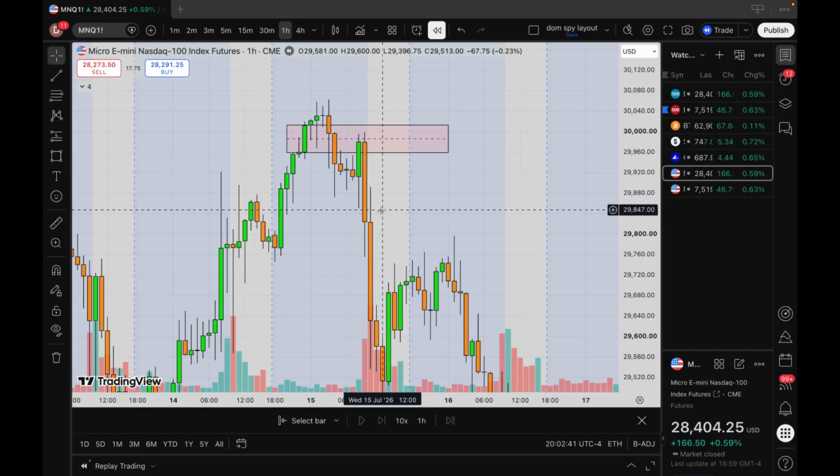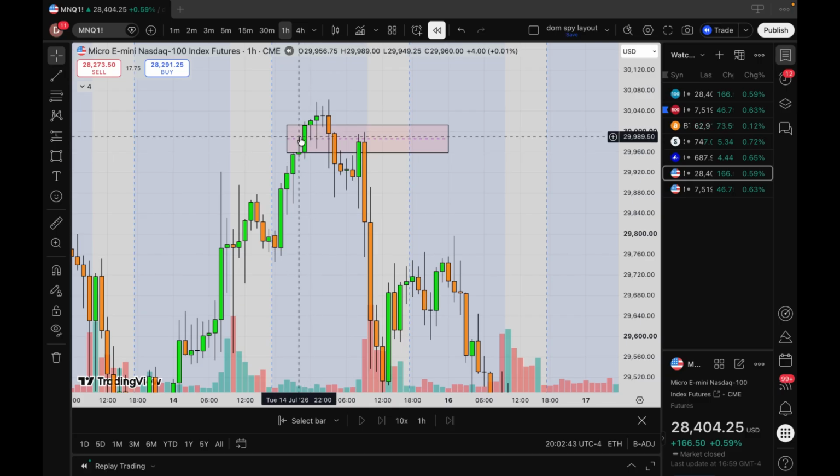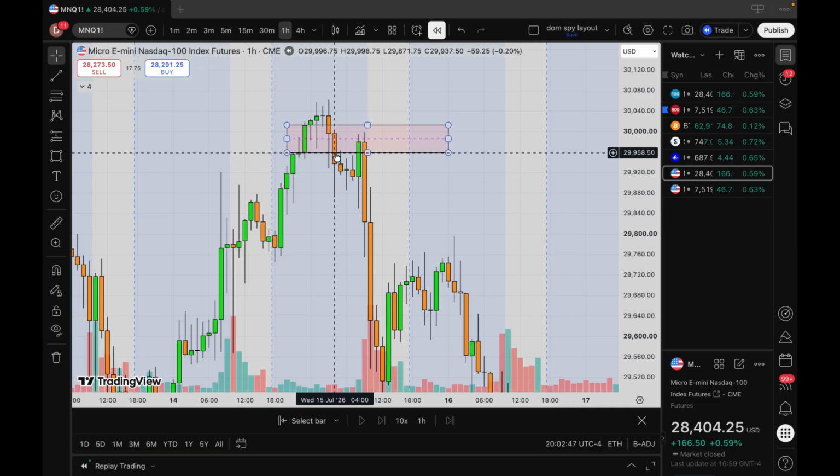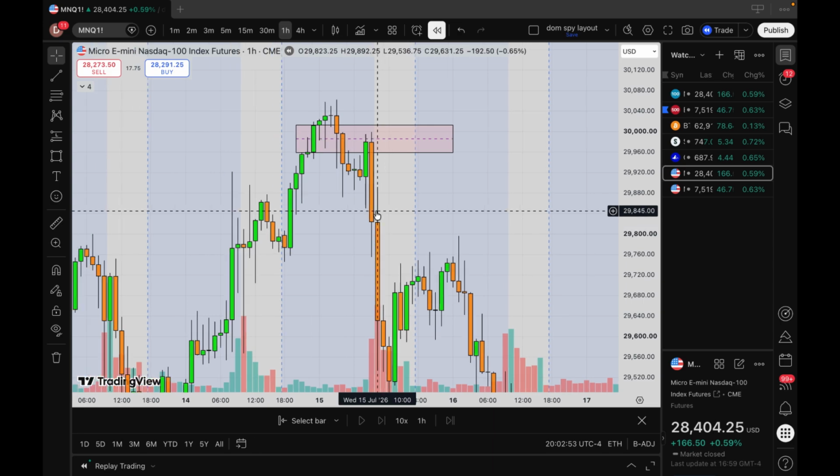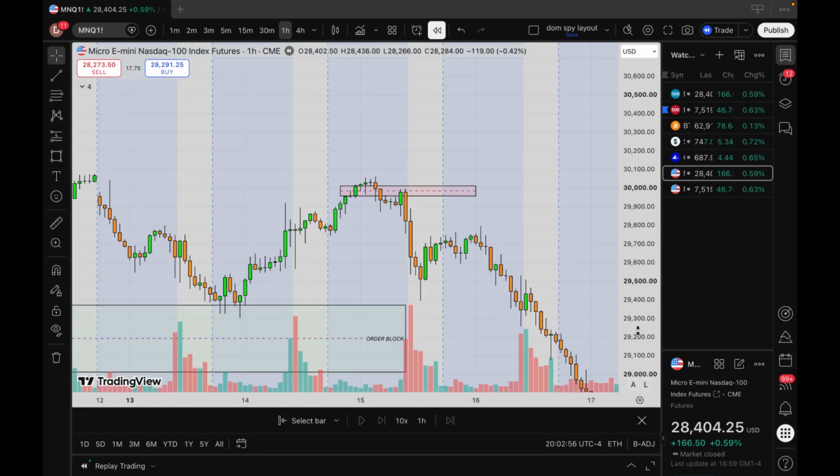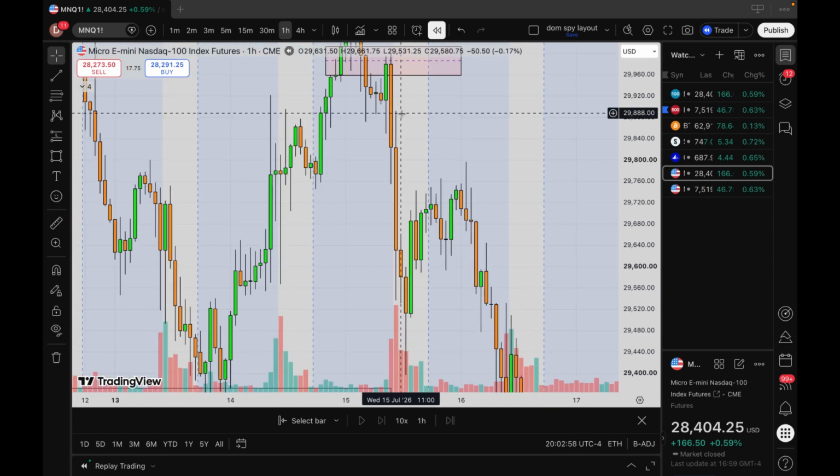You see that? We had a 1 hour candle that created an order block that already got tested. So I can assume today we're probably going to head down, right? And that's exactly what it did.